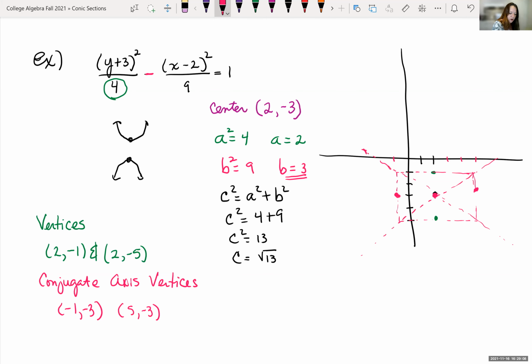So we need to find the equations of these asymptotes. Maybe let's look at the one that's positive first, the line that is increasing from left to right. Let's call this y sub 1 here. So we know we have a point, the center, let's just always use the center, (2, -3).